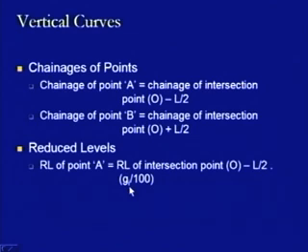Here it is taken as G1, means the first gradient divided by 100. So, it is being transformed into radians instead of a percent value. So, this multiplied with the distance will give us the value by which it has to be reduced. So, this is how we can find out the RL of point A, that is the initial starting of the curve.